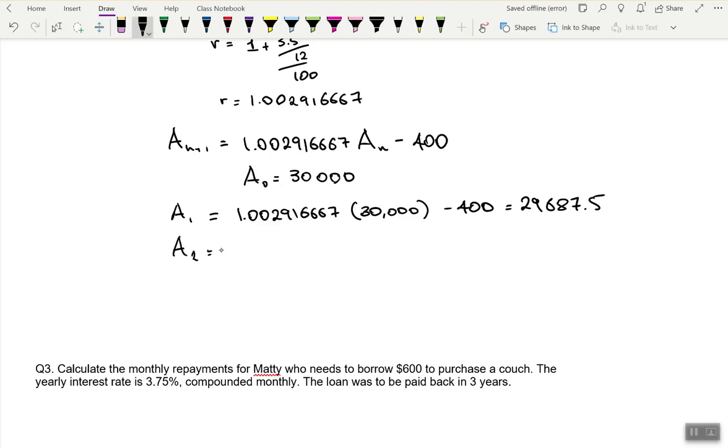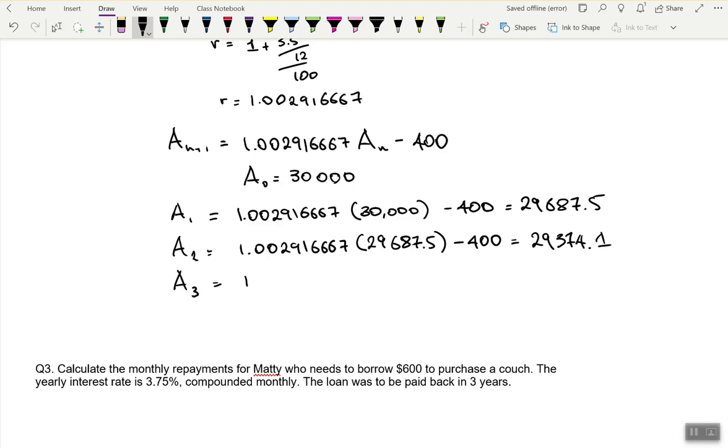So in the second month, we're going to use the same interest, but this time instead of 30,000, we have a new value of A1 that we're going to put there, minus 400, and that is 29,374.1.